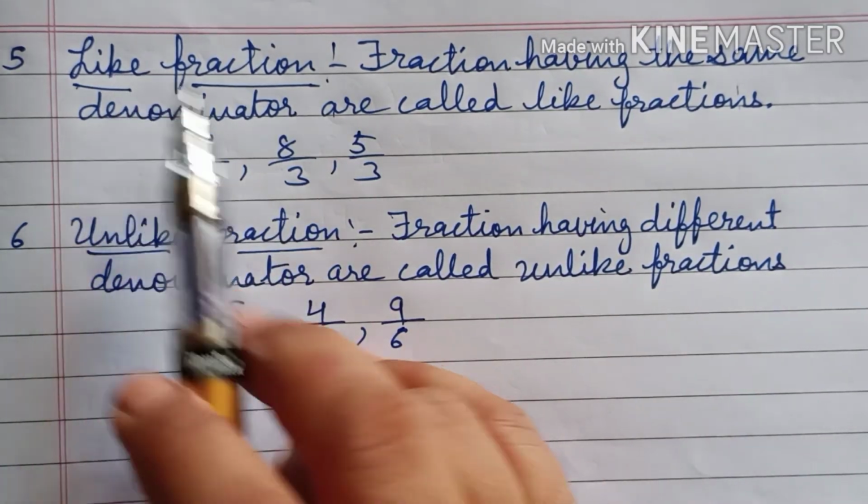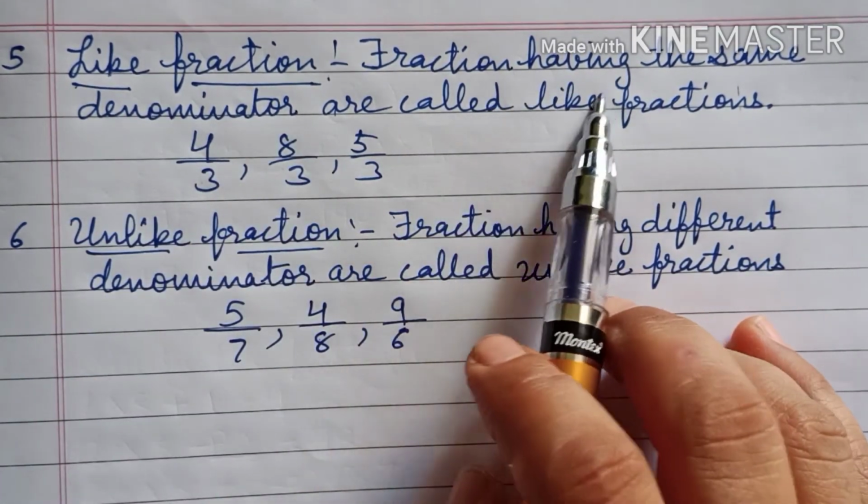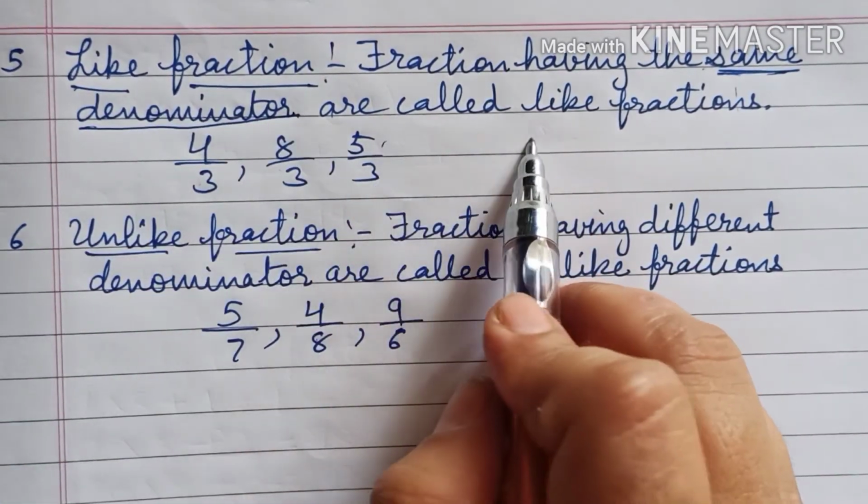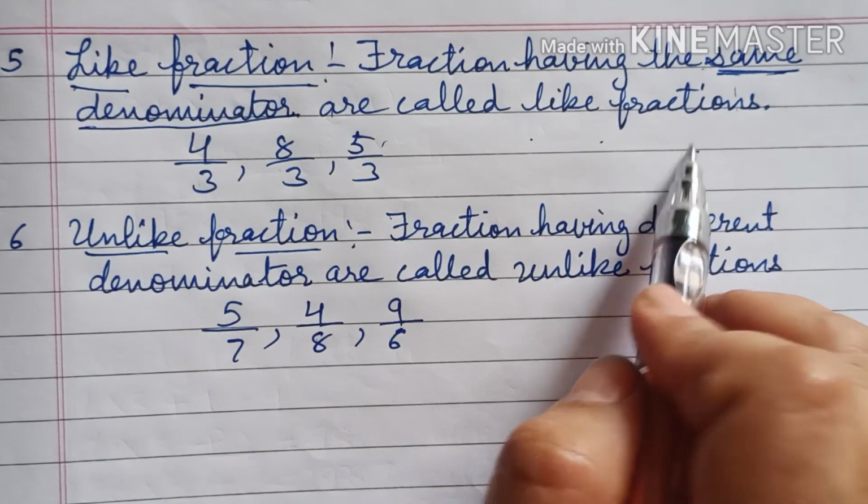Number 5, like fractions. Fractions having the same denominator are called like fractions.